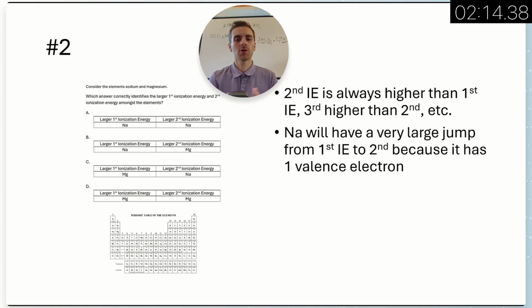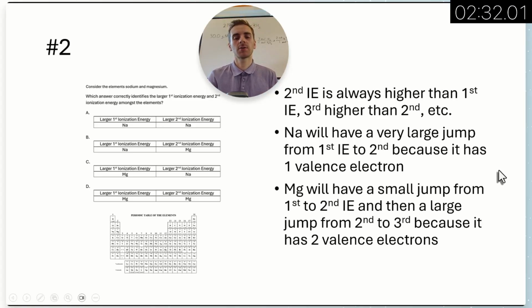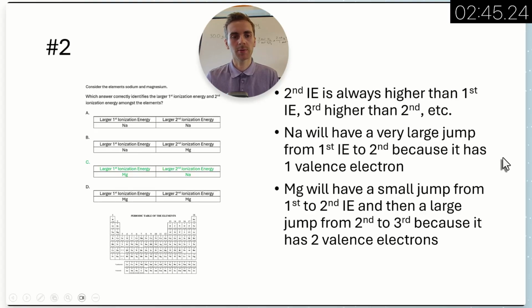Second ionization energy is always higher than the first, but in the case of sodium, it's much higher because the first electron is a valence electron, whereas the second electron is not. So that second one's going to be much harder to remove. Whereas magnesium has 2 valence electrons, so the second ionization energy will be higher than the first, but just a little bit, and then it'll have a much larger jump between the second and the third ionization energies. So the correct answer is going to be C for number 2.